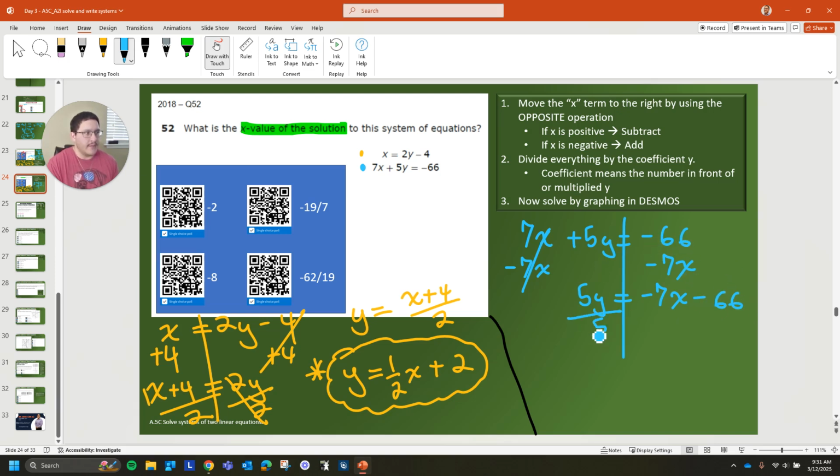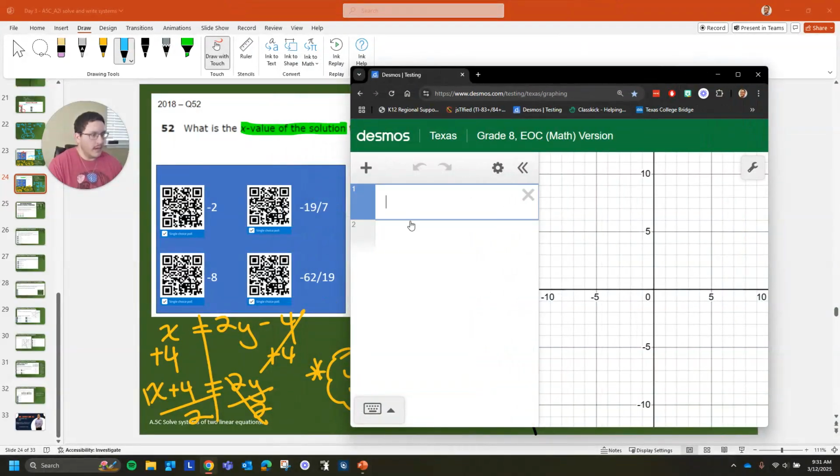I'm going to divide everything by 5, and I'm going to put it in slope-intercept form. Y equals negative 7 divided by 5. If I were to do negative 7 divided by 5, it gives me a nice decimal, but I usually like to keep it in fraction form unless otherwise noted.